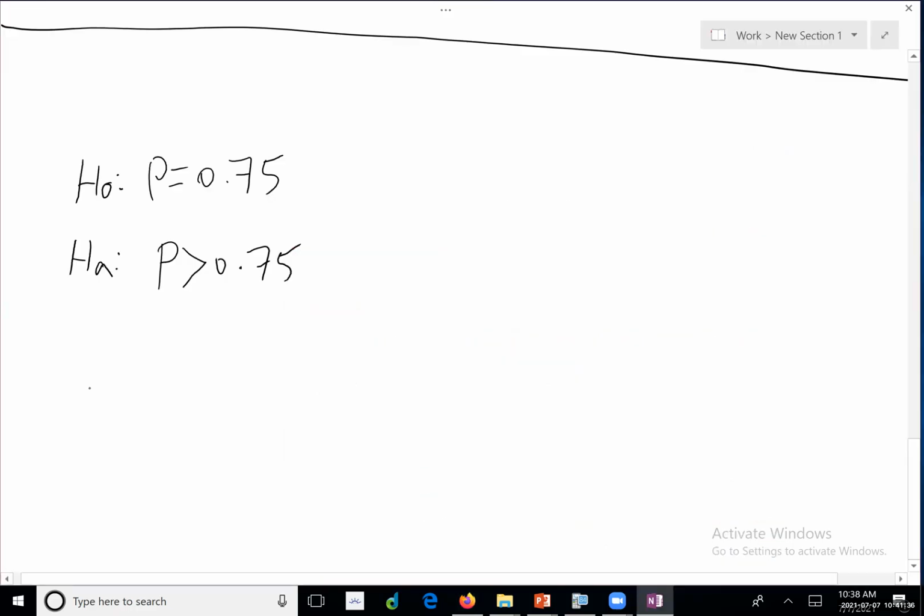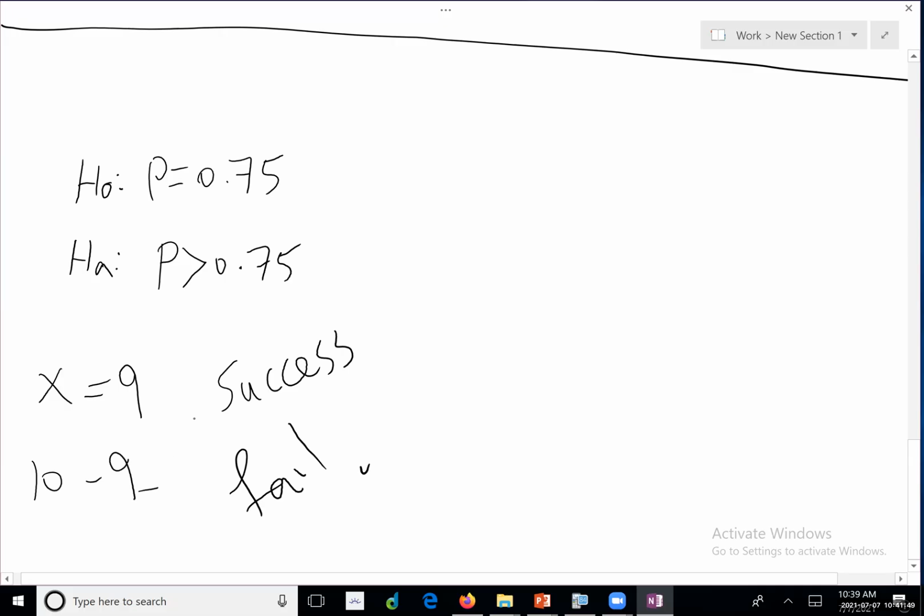So X was 9 out of 10, so that's the success. And then the failures: they were out of 10, so 10 minus 9 is 1. So that's not greater than 5. So the success is met, greater than or equal to 5, but the failure is not. So the requirement is not met.